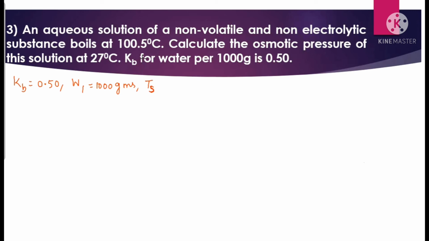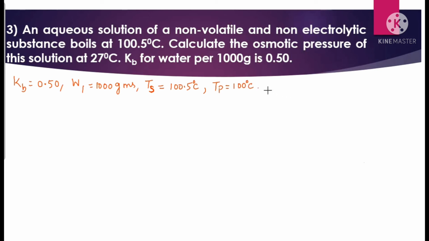An aqueous solution of a non-volatile substance boils at 100.5 degrees centigrade. So Ts is given, 100.5 degrees centigrade. And then we obviously know the Tp. What is Tp here? Water, is it not? It's the pure solvent. So the boiling point of water, obviously we know, is 100 degrees centigrade.